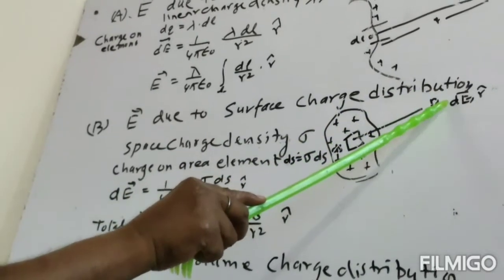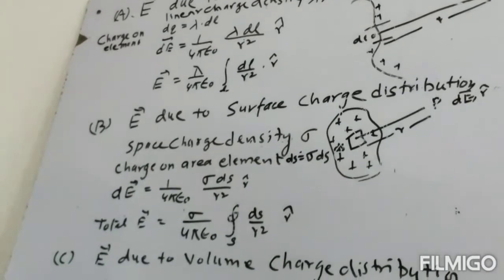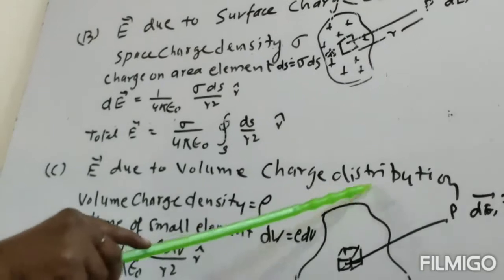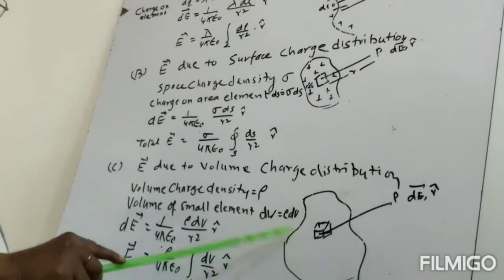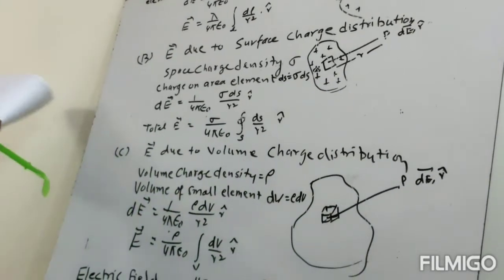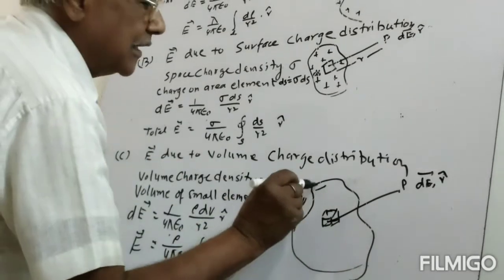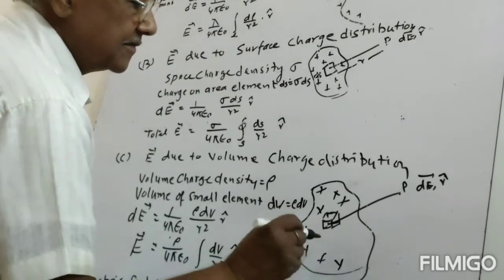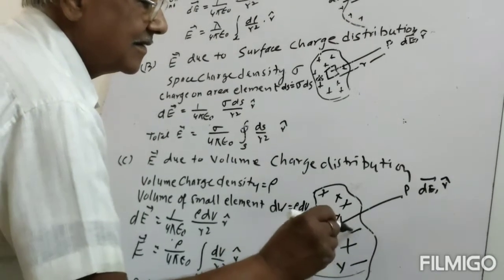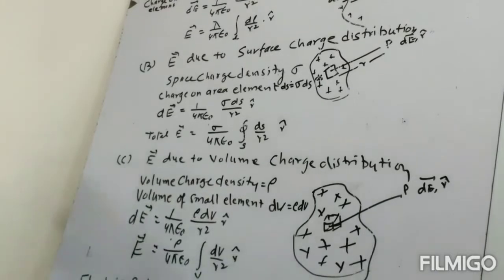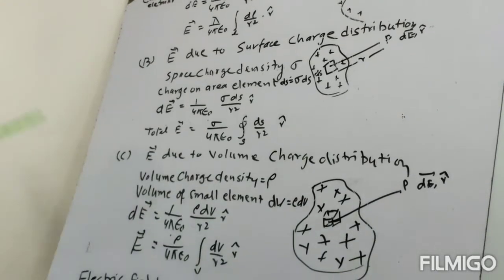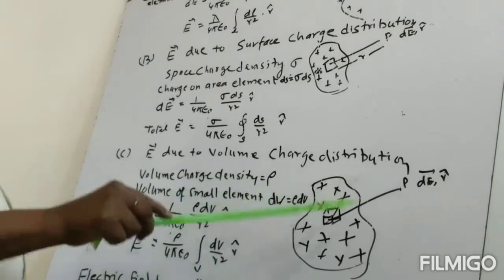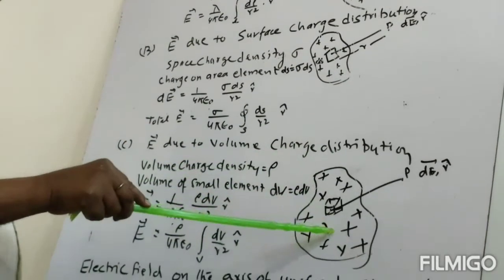Now third, we will find the electrical field due to a volume charge distribution. If this body is a three-dimensional body, then the charge on this body is distributed in three dimensions. The charge density is the volume charge density, which is equal to rho, meaning the total charge divided by the total volume.